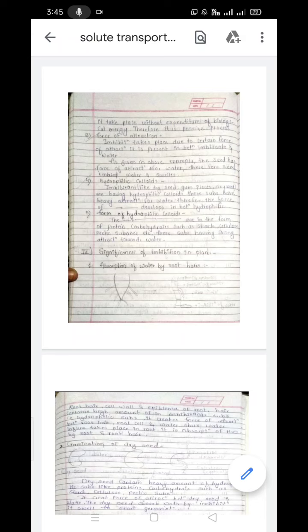Then second significance is in the germination of dry seeds. So the dry seeds contain a heavy amount of hydrophilic substances like proteins, carbohydrates such as starch, cellulase, pectin substances.